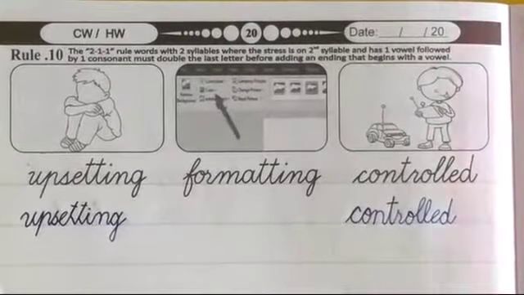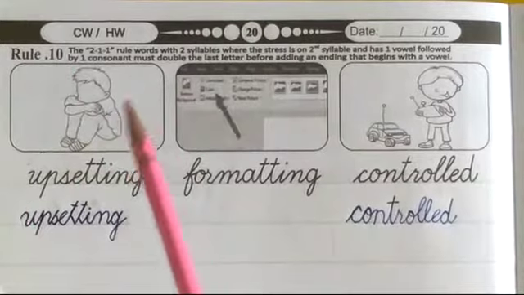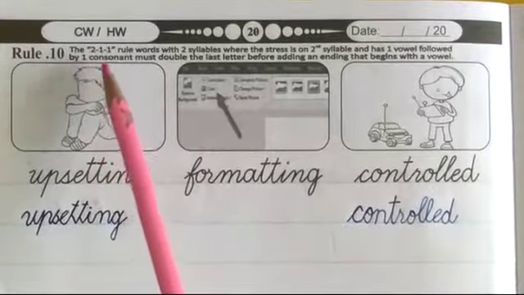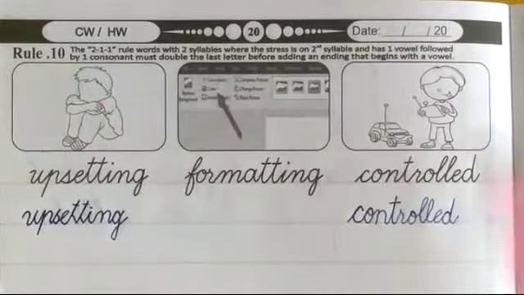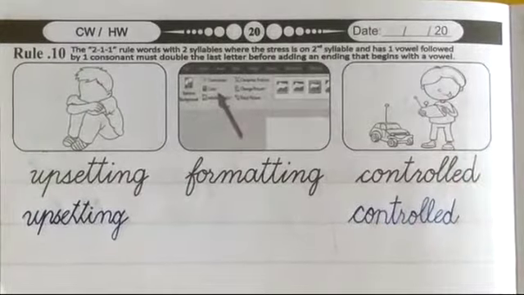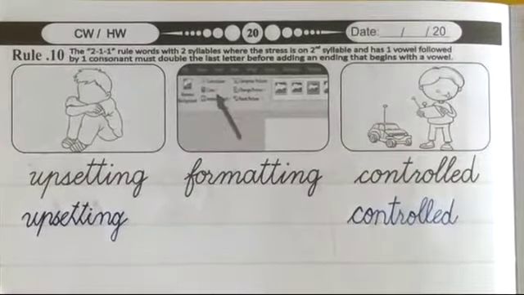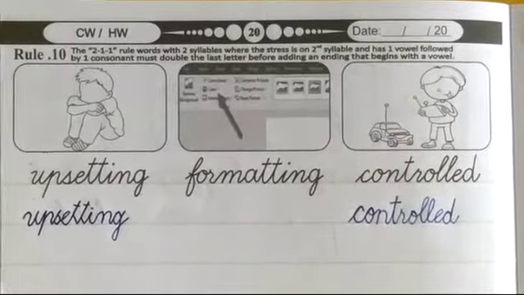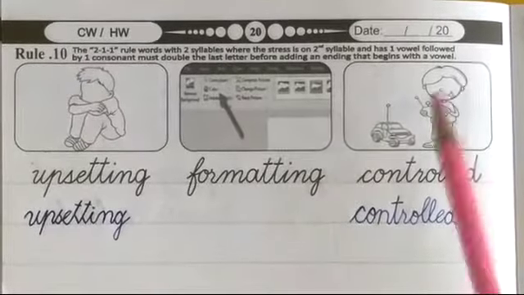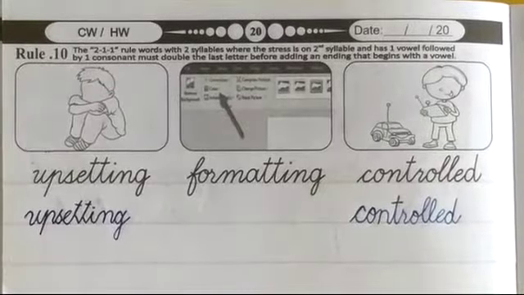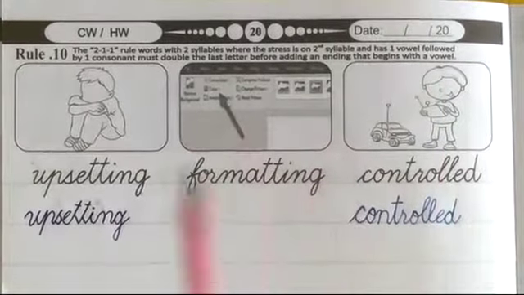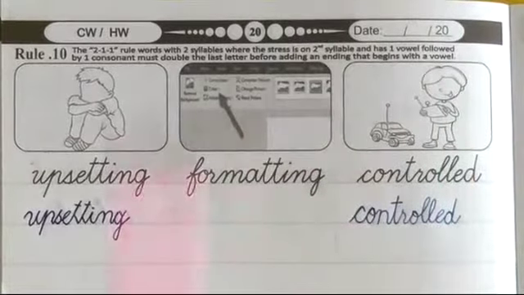Now look at the next one, spelling rule 10, and it is rule 211. This word has two syllables where the stress is on the second syllable, and it has one vowel followed by one consonant, so double the last letter before adding an ending which starts with a vowel sound. Is that clear?